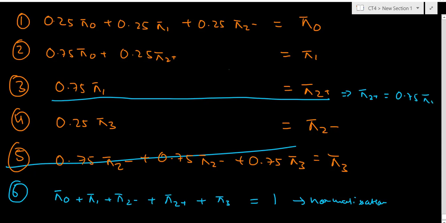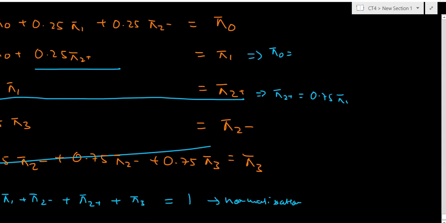Now let's try to express pi 0 in terms of pi 1 from this one. So pi 0 is equal to, I know the value of pi 2 plus already, that's 0.75 pi 1, so I can just substitute it here and get the value of pi 0 in terms of pi 1.